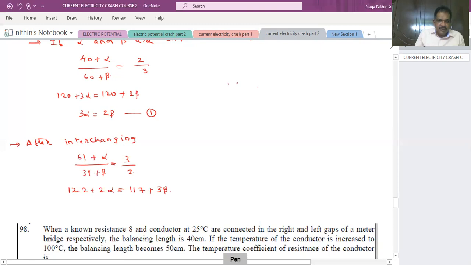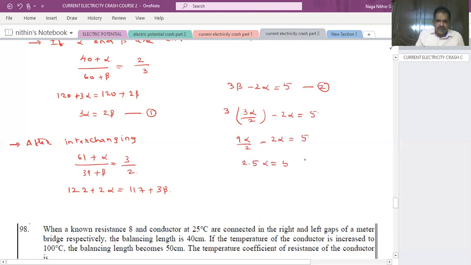Then 3 beta minus 2 alpha is equal to 5. Here either alpha value or beta value you substitute. Beta is equal to 3 alpha by 2, minus 2 alpha is equal to 5. 9 alpha by 2 minus 2 alpha is equal to 5. This 2.5 alpha is equal to 5. Alpha is equal to 2.